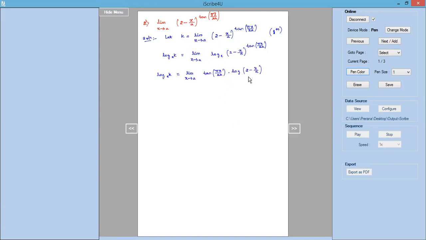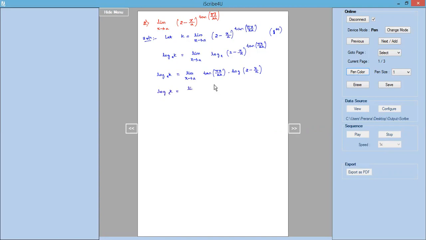Now at this stage when we look, we don't have a fraction form of the question. So we always try to put it into the fractional form, f of x by g of x form. In order to do that, we will take tan of pi x by 2a to the denominator, which is 1 divided by tan in the denominator, and that can be written as cot.